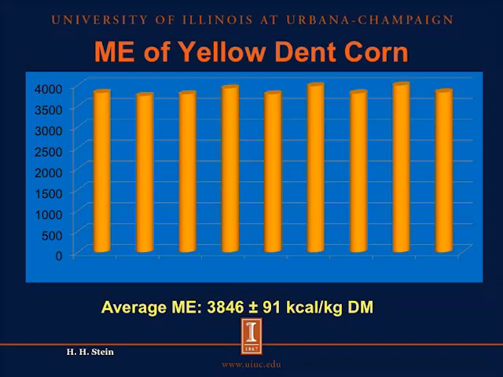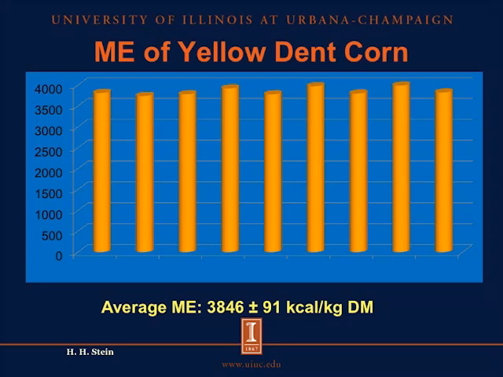If we look at the concentration of metabolizable energy in corn grain, then we have here values from 9 different experiments that have been conducted here at the University of Illinois over the last few years. And you'll see here that the concentration of metabolizable energy in these 9 different sources of corn grain on average has been 3,846 kilocalories per kilogram dry matter.